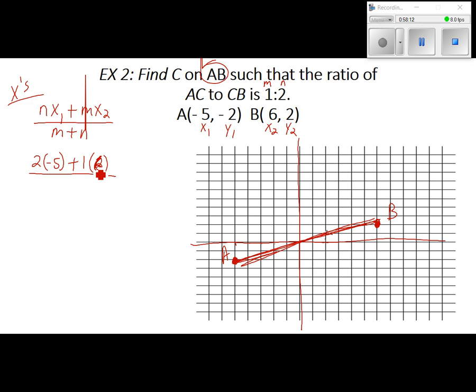What's on bottom? 1 plus 2. Remember, do the top first. So type all that into your calculator, just the top. What did anybody get? -4. Everybody agree with Drew on that, -4?